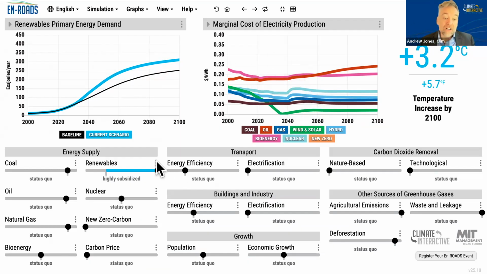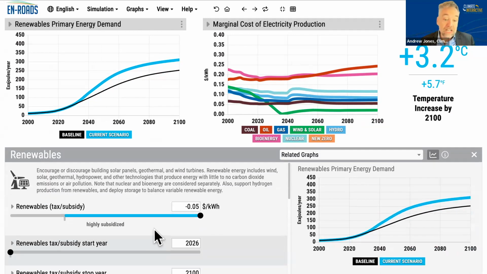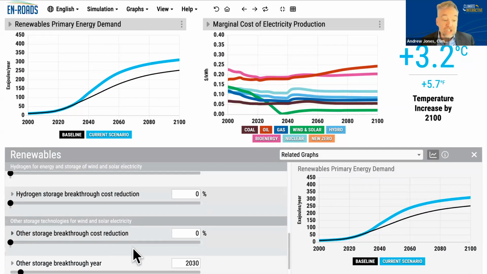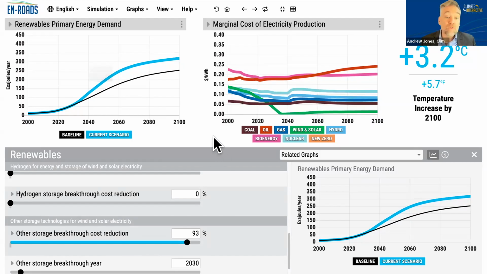So what we need here is storage. And underneath, if we're able to have breakthroughs in storage, that's going to allow us to grow more. And you see, as I do that, the green line on the top right comes down a little bit more. It stays less expensive. It grows more.